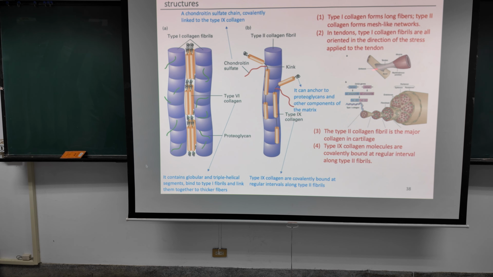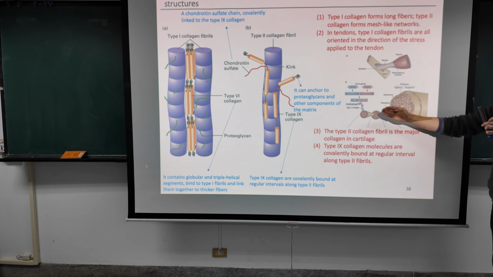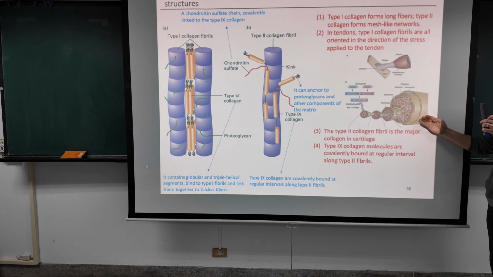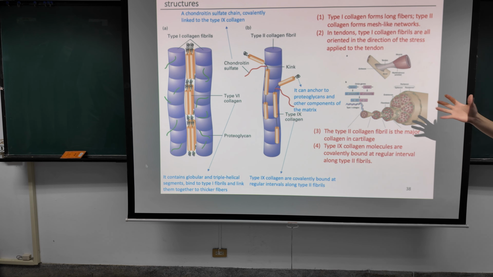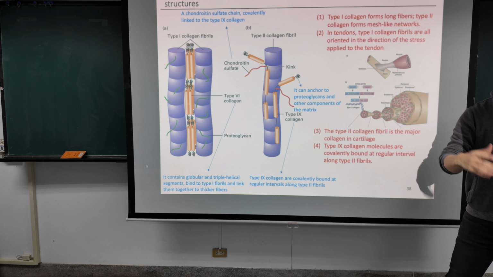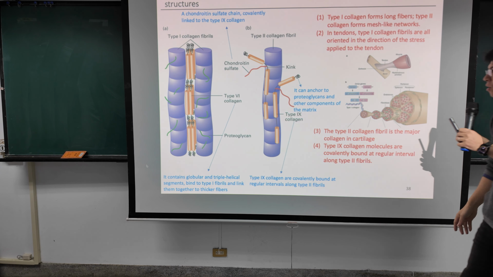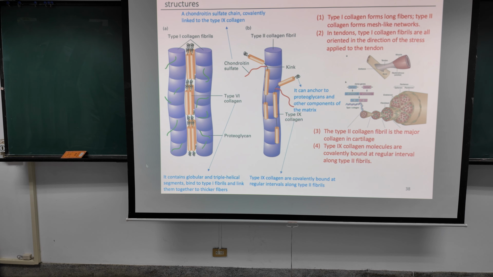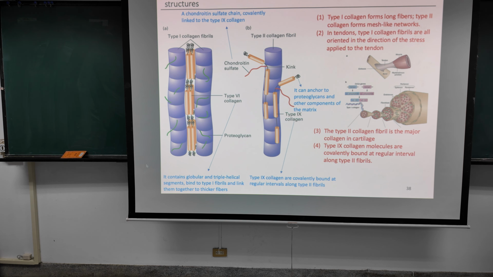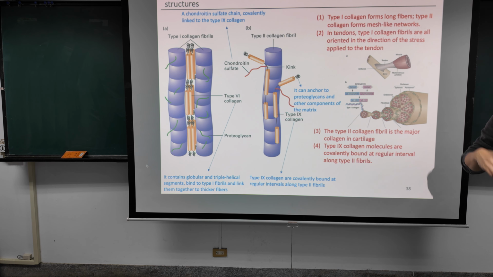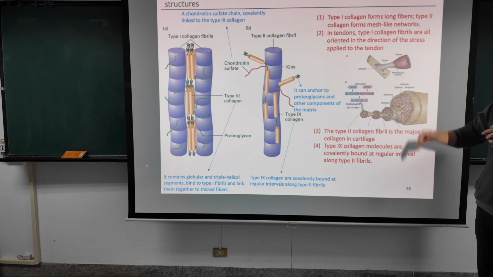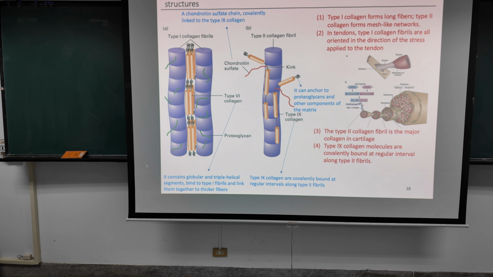The stress will be directional in the tendon, so it will all be aligned with the stress. But type 2 collagen, which is for the mesh, has no orientation, just a mesh here, and usually exists in the cartilage or connective tissue, because stress can be applied in different directions. There will be no clear direction in the cartilage.